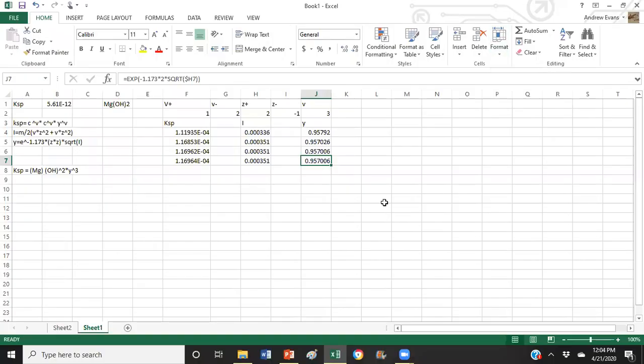So while this one doesn't have a super huge effect, you could see that as these numbers increase, as you get greater charges, you're going to have a greater deviation, to the point where you could see some large effect. But that's how you could work your way through these problems. If you get your activity coefficient to drop significantly, then you start to see a large effect, and that's something we have to start being concerned about.